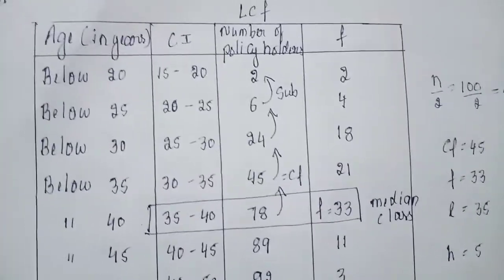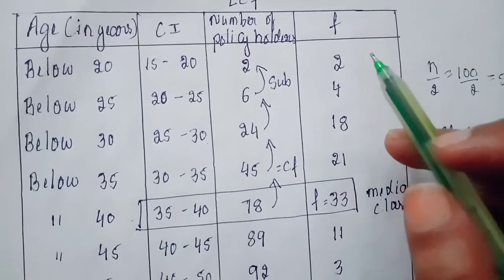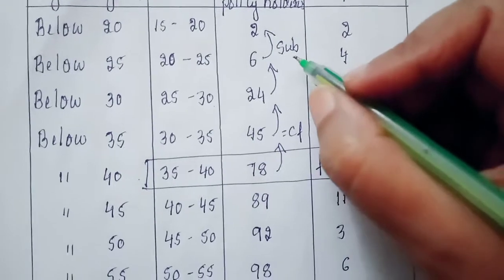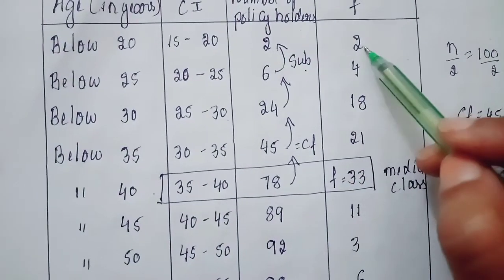And when LCF is given and you want to find the value of F, that is column F, you need to subtract. How to subtract? See the arrow marks. First value, write as it is, 2.